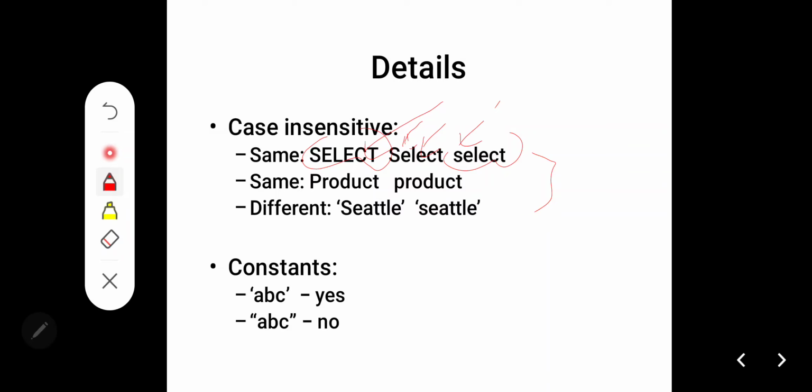Case insensitive SQL means the database does not differentiate between uppercase and lowercase letters when comparing strings. The behavior is controlled by the collation setting of the database or columns. Collation can be set to case insensitive or case sensitive explicitly in SQL queries or during table or column creation.